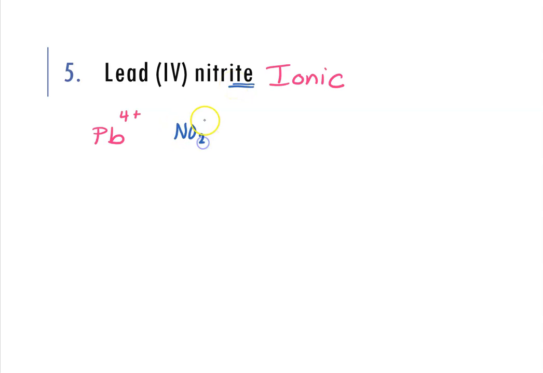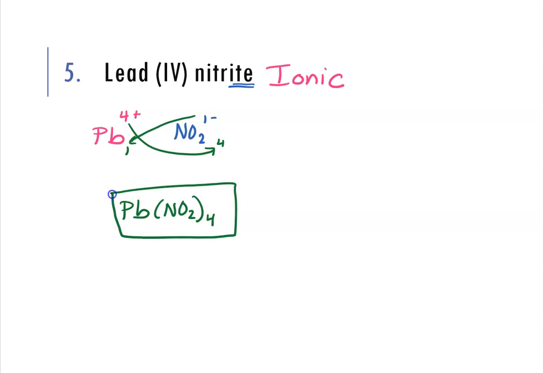On my chart, that is NO2 1 minus. Those do not cancel, so the 4 comes over here and the 1 goes over here. Since it's just a 1, I don't have to put that there. There's a 4 with the NO2. Since it's a polyatomic ion, I do have to put that in parentheses, and the 4 goes on the outside.